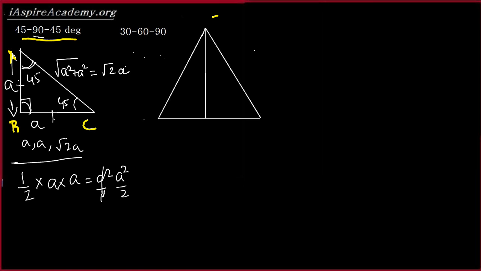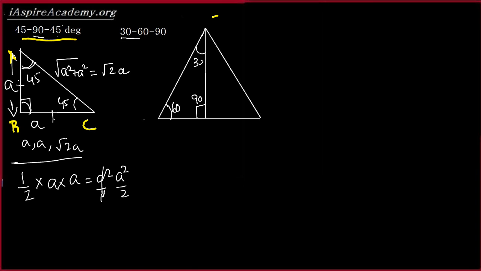Now the second one is a triangle which is 30-60-90. So let's say this is 30, this is 60, and this is 90. Now why are we discussing these particular triangles?